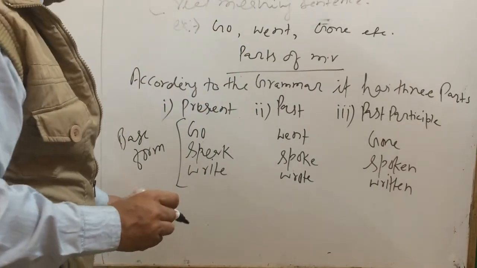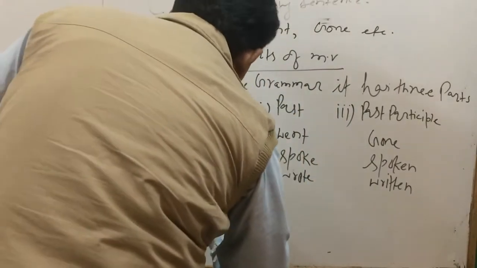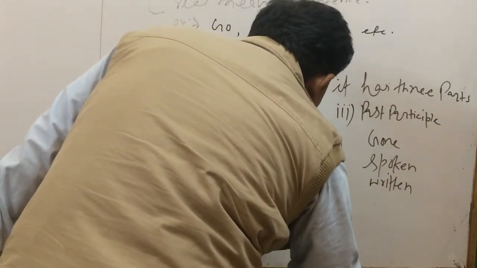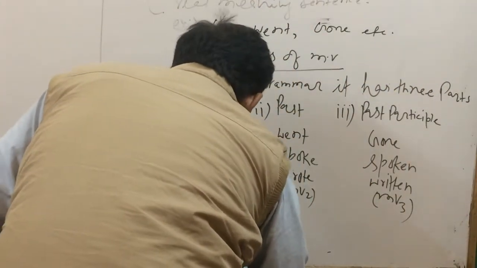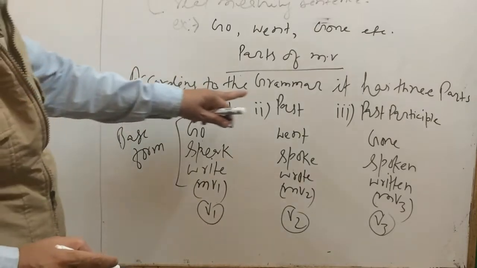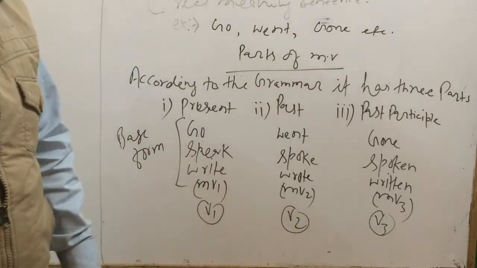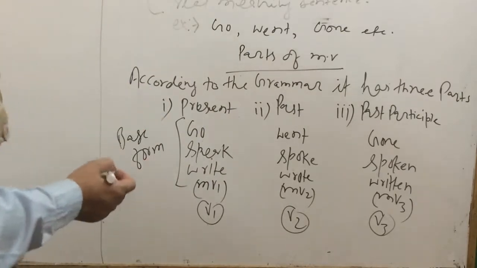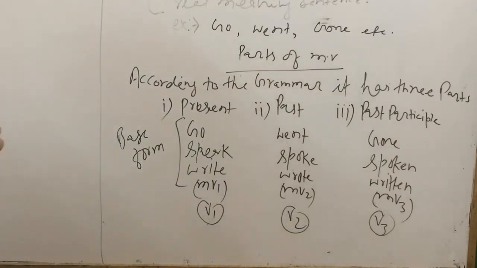Somebody says the first one is MB1, the second MB2, and the third MB3. But while teaching, I will say V1, V2, and V3. According to the grammar, it has three parts.